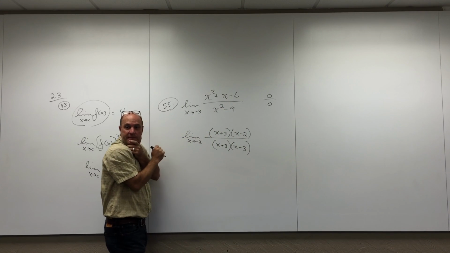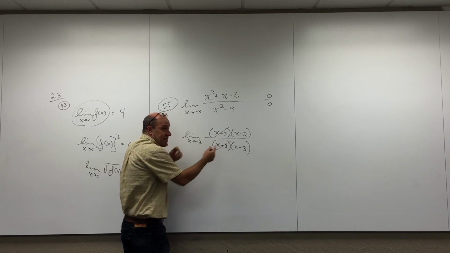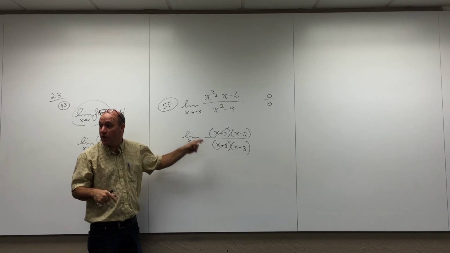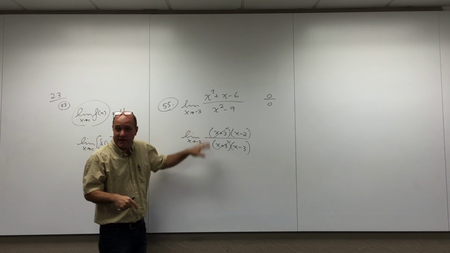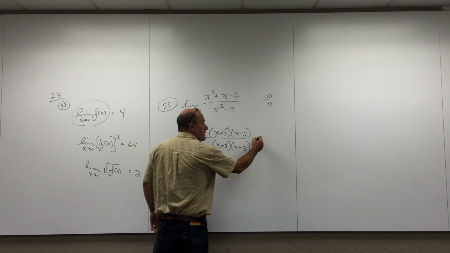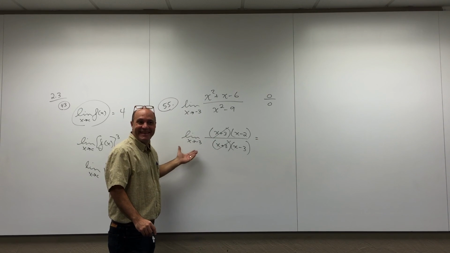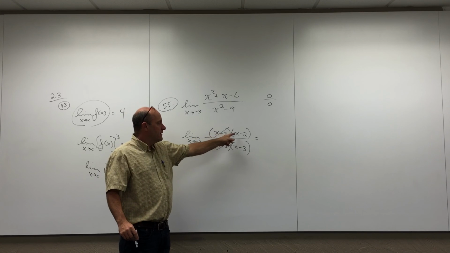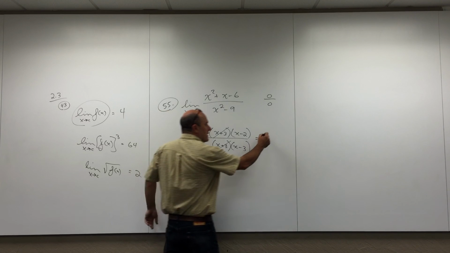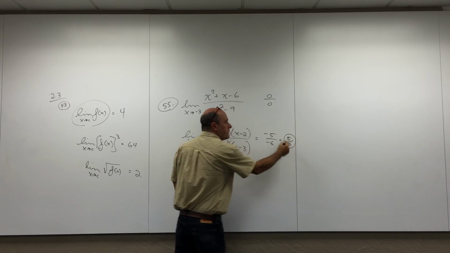Now I can cancel the bad guy, the part that's giving you the 0 over 0. Now that it's canceled away, you plug -3 into what's left and do the limit again, and you get -5 over -6, which is 5/6.